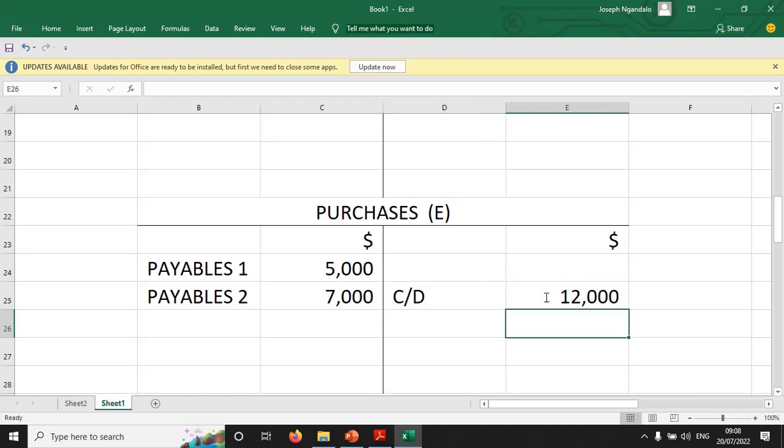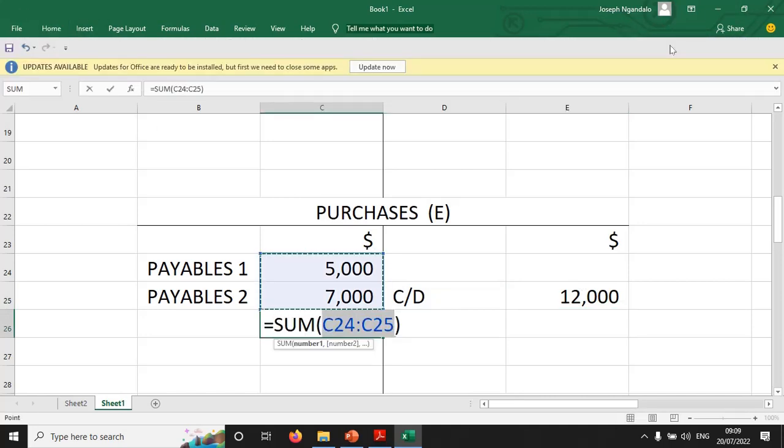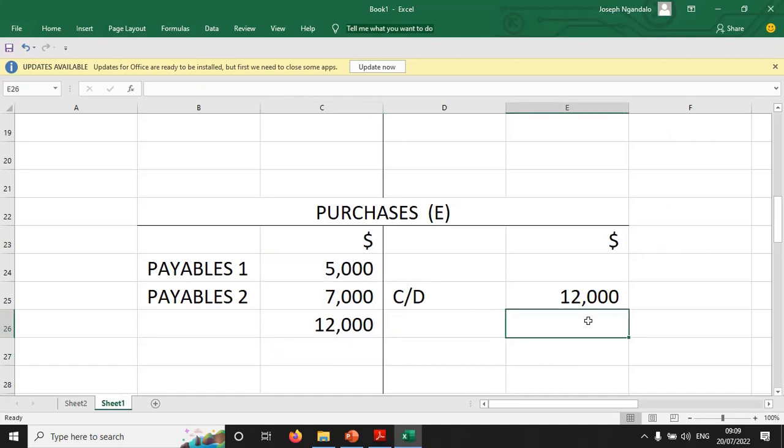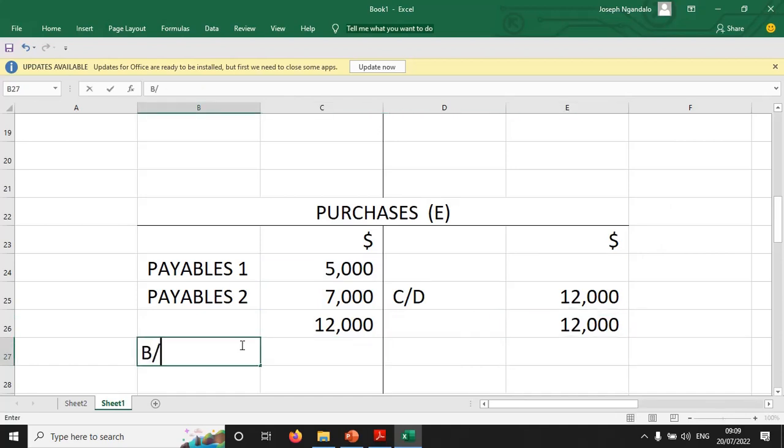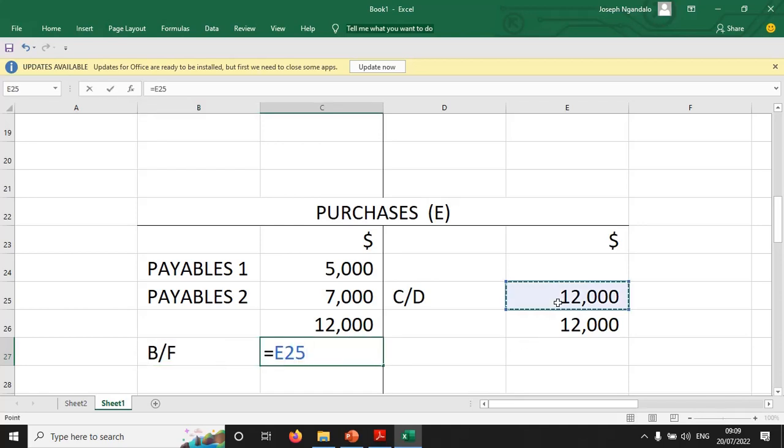Is that correct? Check if your sum is the same, and it is. Is that correct? So where is your BF? On which side? Fulfilling the point, expenses, we do what? We debit, isn't it? Very important.